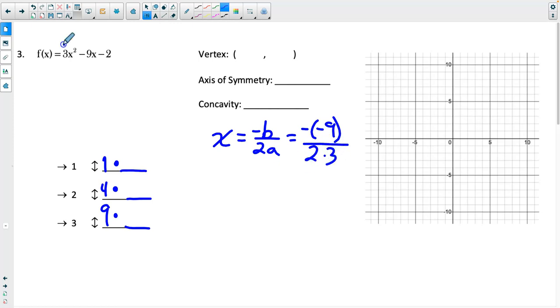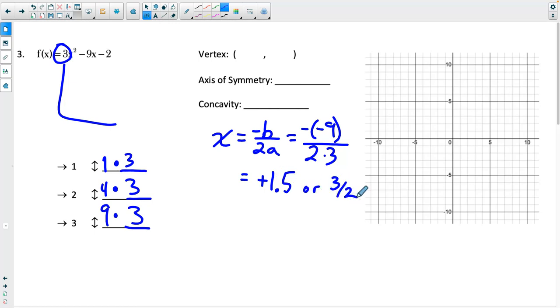So realize that this 3, that first term, is what A is, and that's also telling you what to plug in for your pattern, so I would have times 3 as well. So it goes both in the pattern and in our formula, and so we actually get positive 1.5 or 3 over 2, however you want to write that. So I'm writing it both ways because I'm fine using either of those fractions.